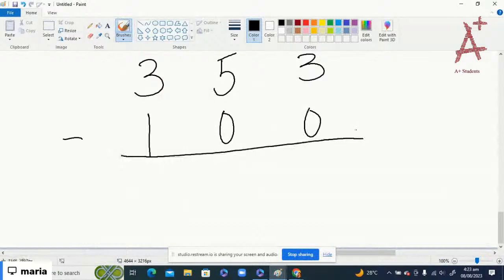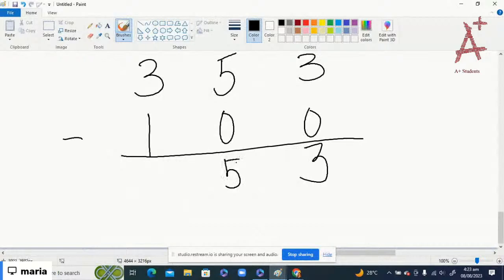Okay. 3 minus 0, is there anyone to answer? 3 minus 0, that is 3. 5 minus 0, that is 5.